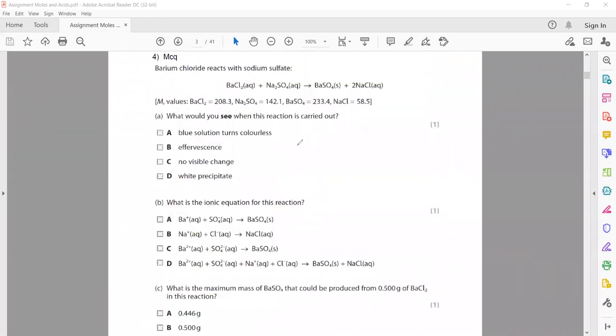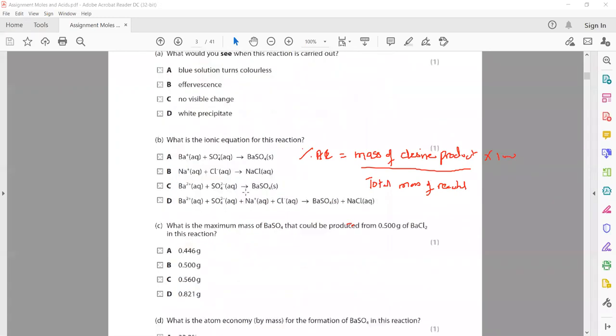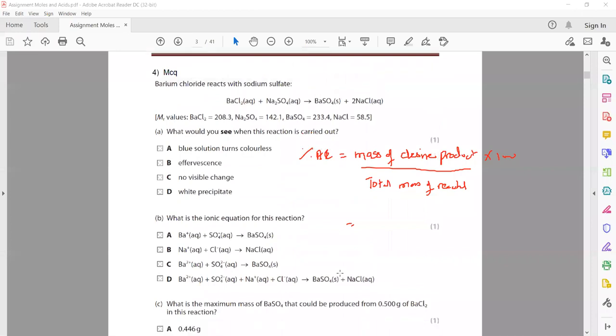So we want to work out the percentage atom economy, that is equal to mass of desired product divided by total mass of the reactant or product into 100. We are finding the atom economy here for barium sulfate. So that is our desired product.